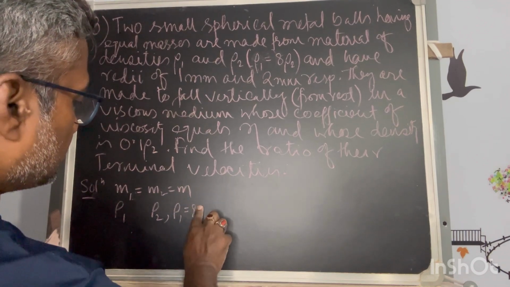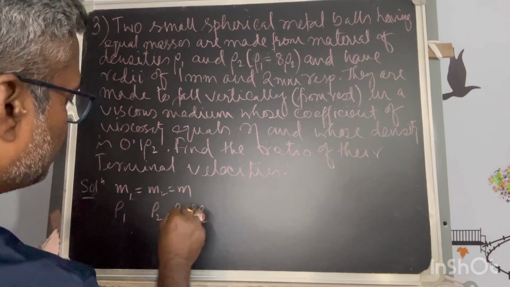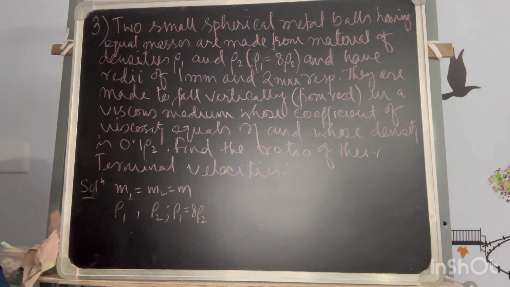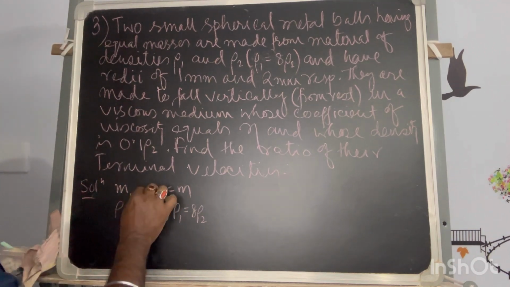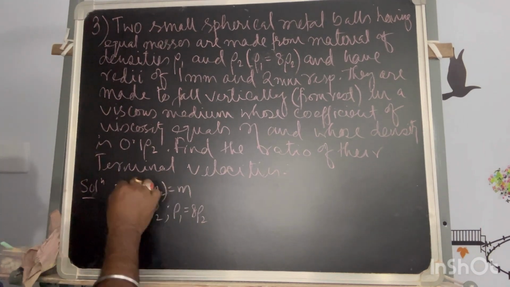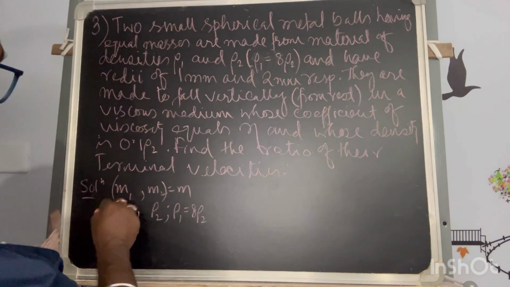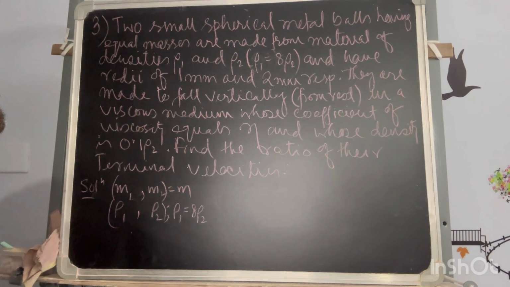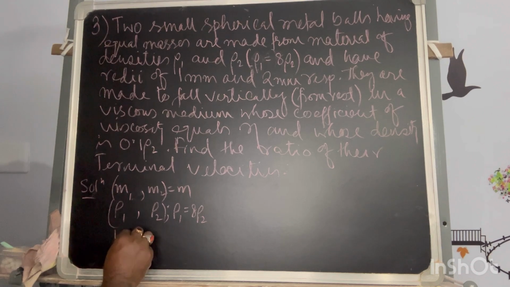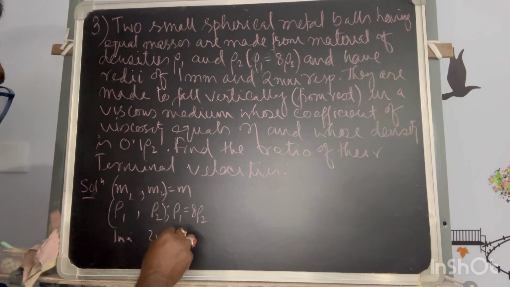I am just writing the information in one place so that we can go ahead. Both are equal to M, and these are rho 1, rho 2, the densities. And I have radii of 1 millimeter and 2 millimeter.